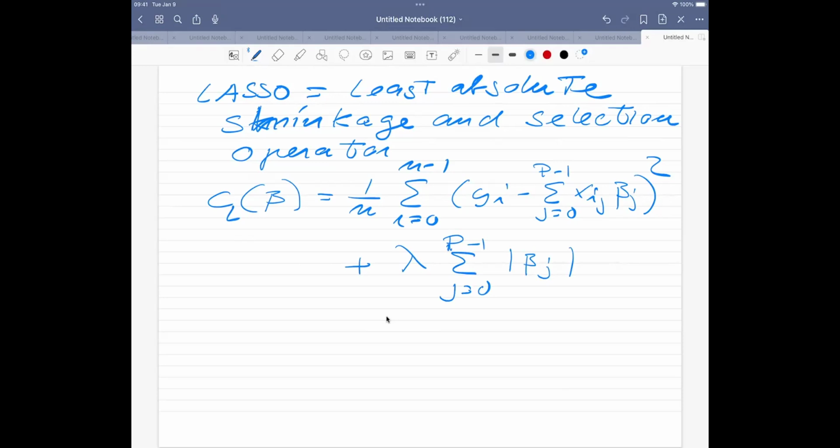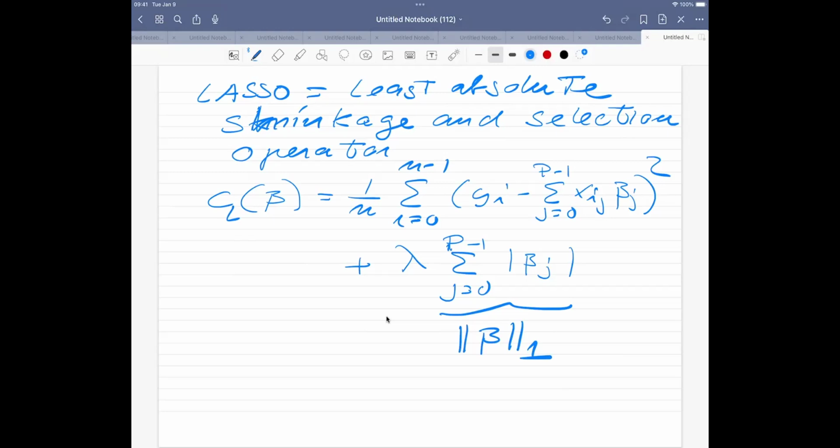You will see this term written in a more compact way as the norm 1. So this function, which you see here, is actually the norm 1 of a vector, which is just a sum over the absolute values.